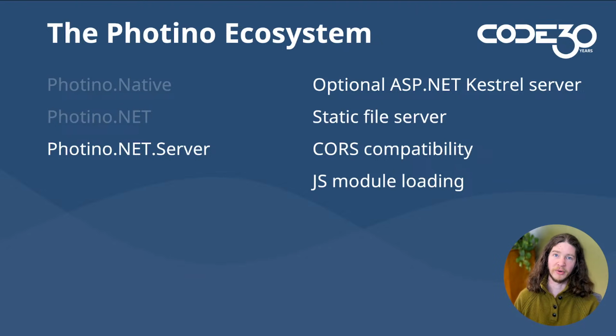Otherwise, you'll run into CORS compatibility issues. This is up to you if you want to use it. It is a great little add-on that you can use to make that file serving simple if you don't have something that you spin up yourself, like a Kestrel server in the background with resources that come with that.